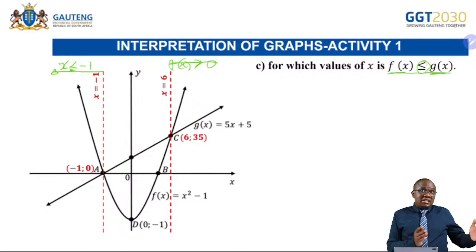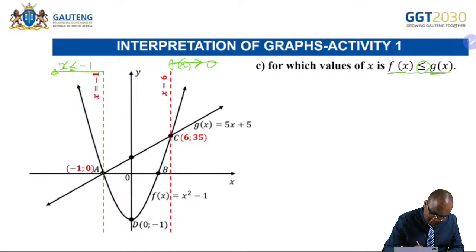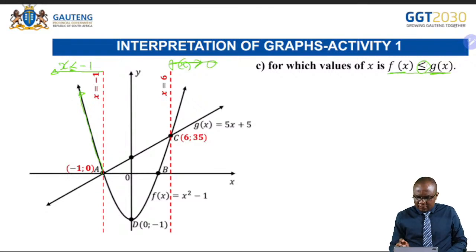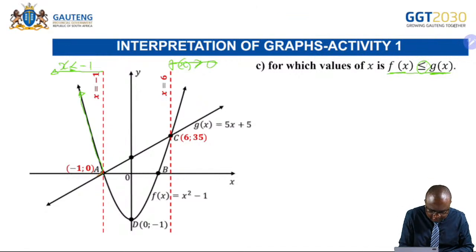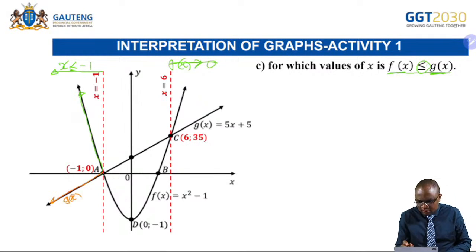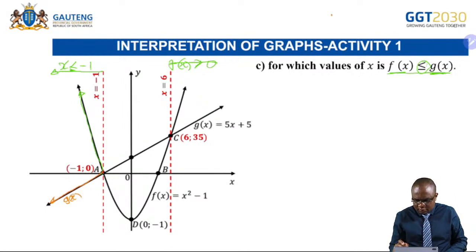Okay, let's look at the left of this line. Where is f of x? This is f of x. Where is g of x? This is g of x. On my pen, where is it?